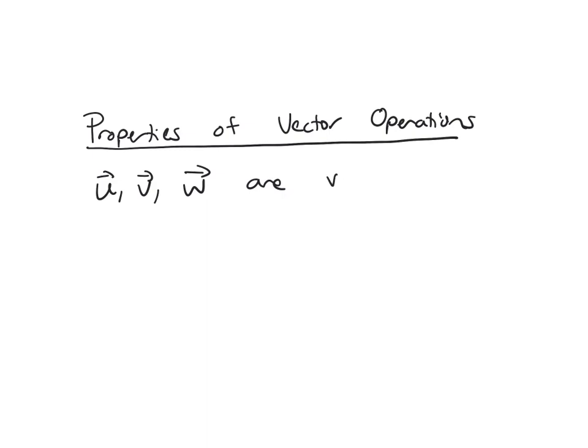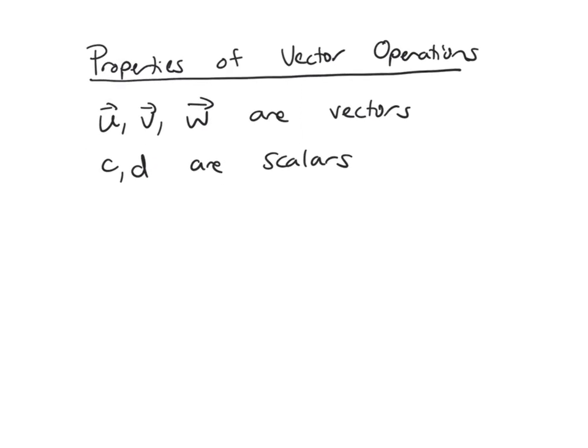These are all vectors. And c and d are going to be scalars, so they're just coefficients. They're not vectors. And a lot of these properties are going to be ones that you're familiar with from numbers.